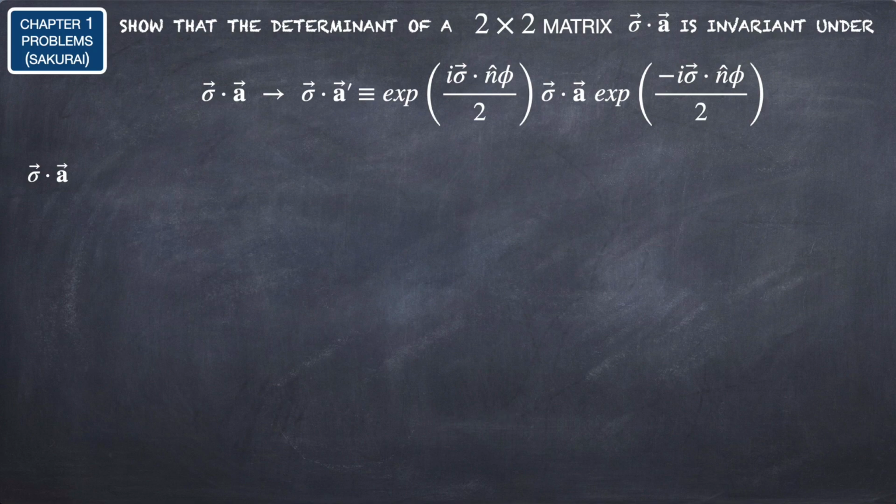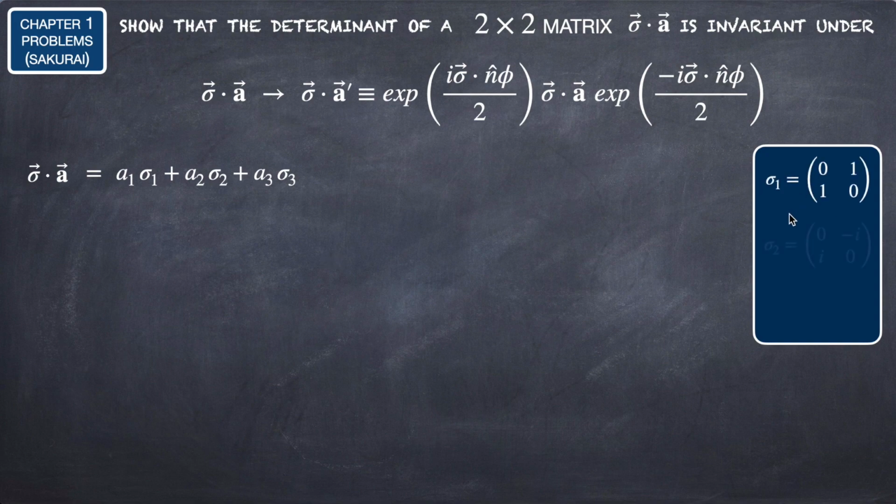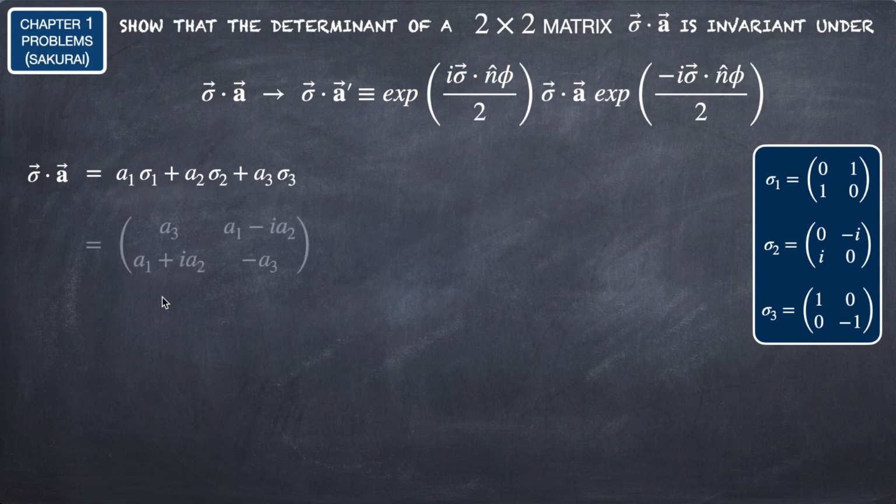So what is the scalar product of sigma and A? It is the product between A and the Pauli matrices, sigma 1, sigma 2, and sigma 3. You may call them sigma x, sigma y, and sigma z as well. So sigma·A is equal to A1 sigma 1 plus A2 sigma 2, and so on.